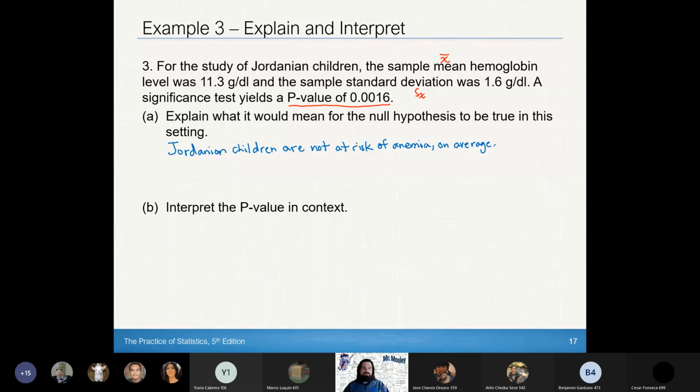Part B, interpret the p-value in context. So again, I'm not at the stage where I'm writing a conclusion about what this means. I'm just stating, what does the p-value mean in context? Right?